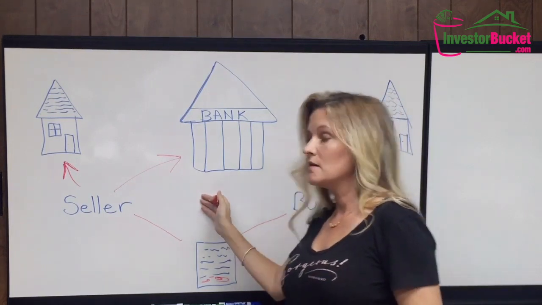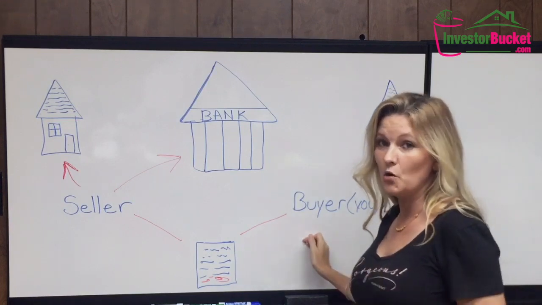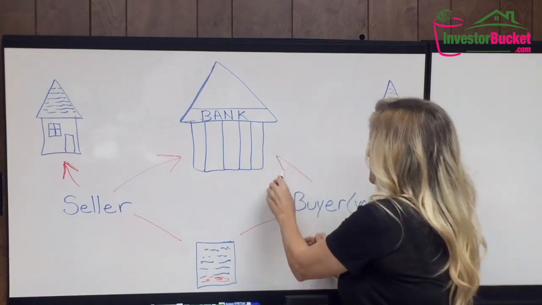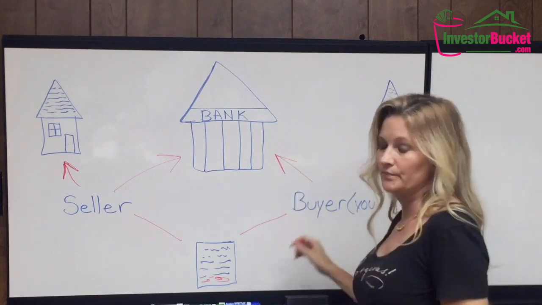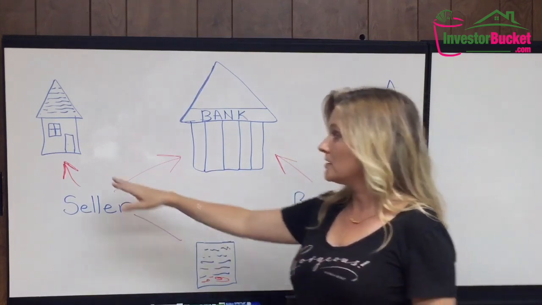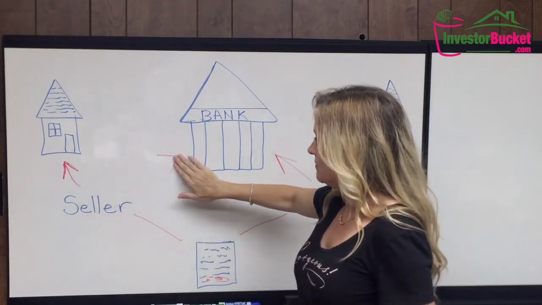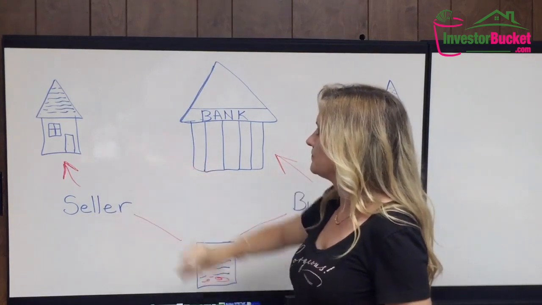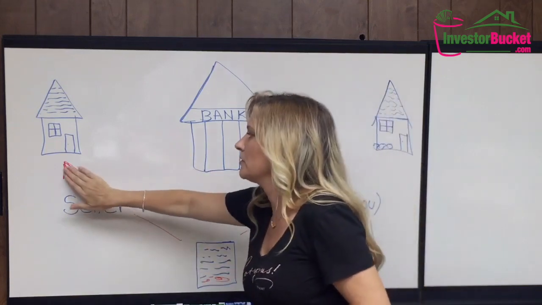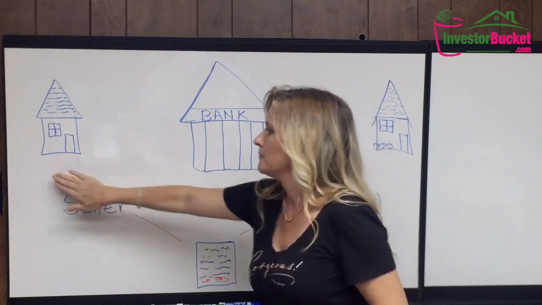So what this means is that the buyer is going to take over the payments to the bank for the seller. When this transaction closes and the property is purchased by the buyer, this seller will no longer be making these payments, and will no longer own this property.